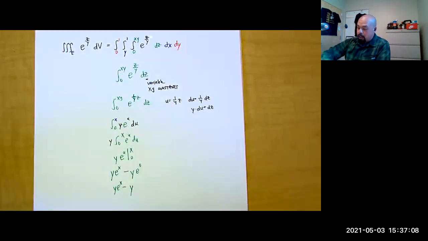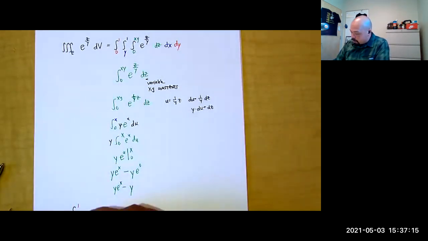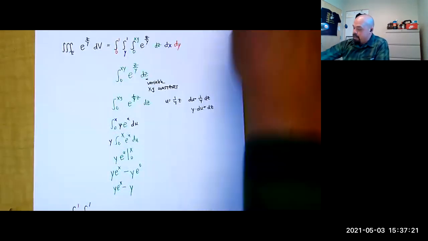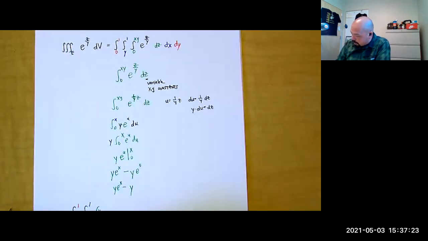set to z. So now we still have that integral 0 to 1 for the dy. This integral from y to 1 of now this expression, y e to the x minus y, dx dy.